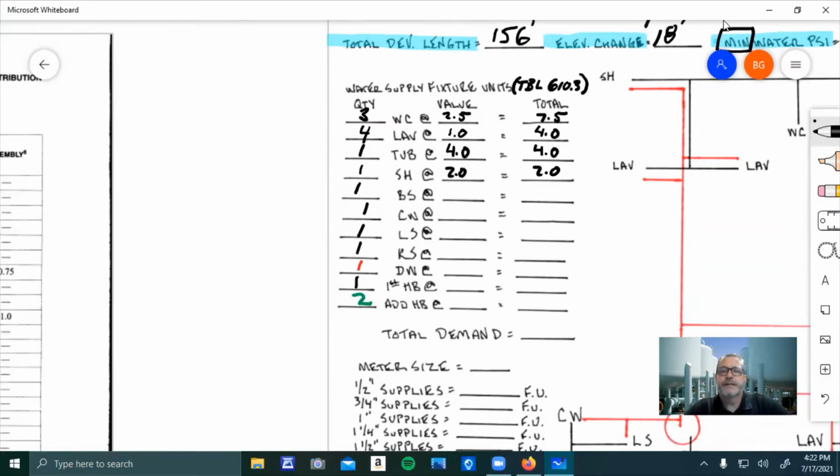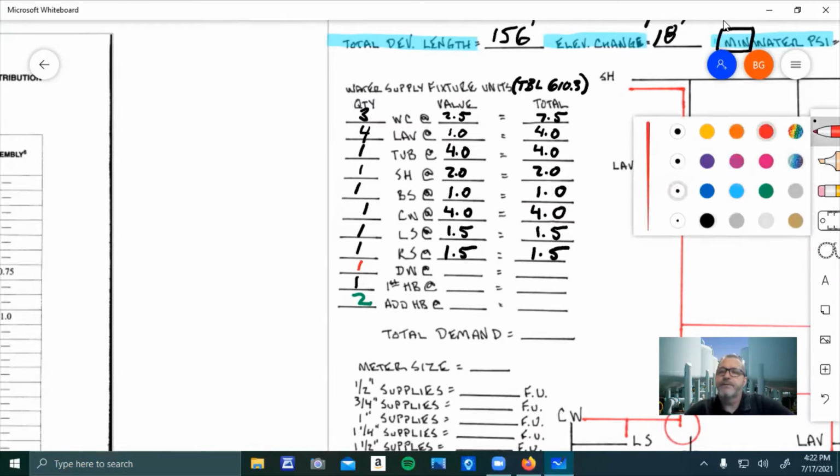1 shower. The shower value is 2. So we'll put a 2 right there. Bar sink is worth 1. Clothes washer, that's worth 4. Laundry sink is 1.5. Some people call that a laundry tray, but it's a laundry sink. Kitchen sink, 1.5. Dishwasher.